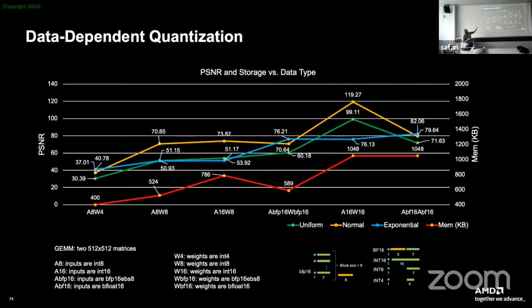I'm going to pause if there is any question, and I'm going to add that BFP16 has the computational density of int8. So in your data path, you have int8 values, you multiply, accumulate, and at the end, you just use that shared exponent, which is a power of 2, and you shift left and right. That's it.